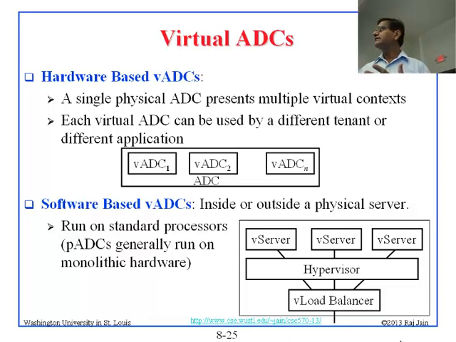And here is the load balancer, which is itself a software piece. Companies like Cisco and F5, everybody, and I'm sure VMware as well, is selling these software-based load balancers and things like that.